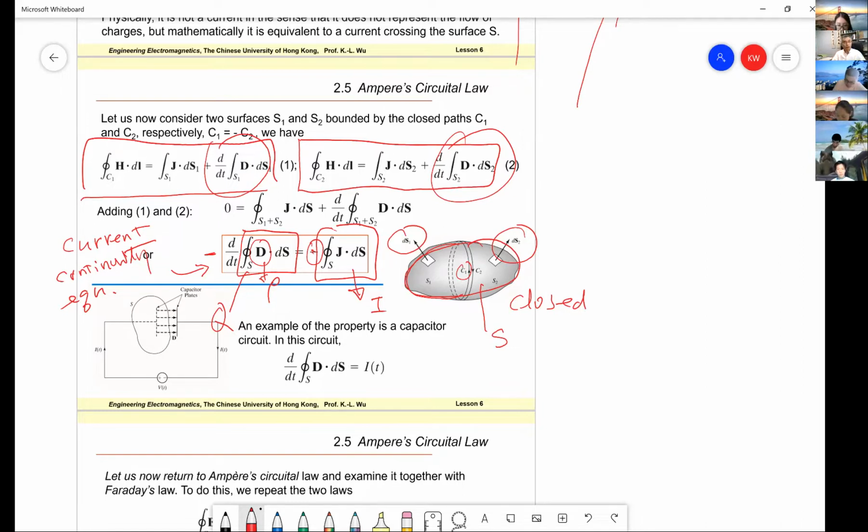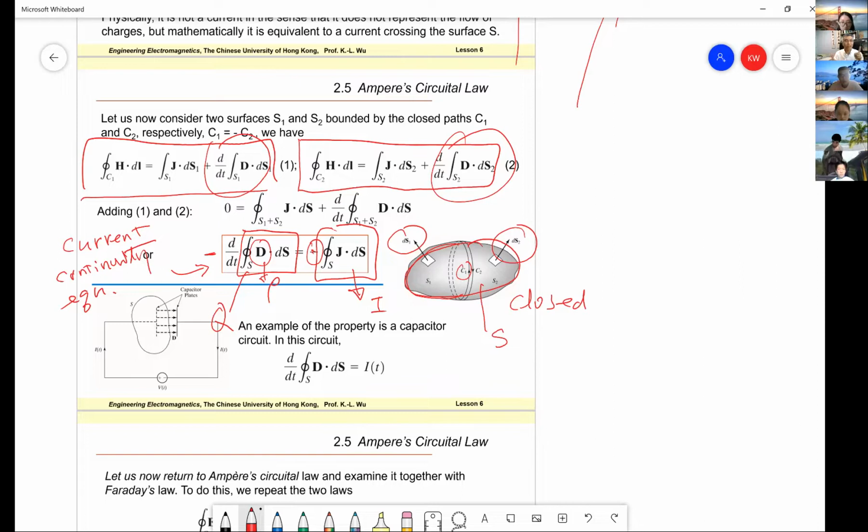And if the charge in a certain region doesn't change with time anymore, or is already depleted, consumed completely, that means this time derivative is equal to 0. What is the result? Current is the result.